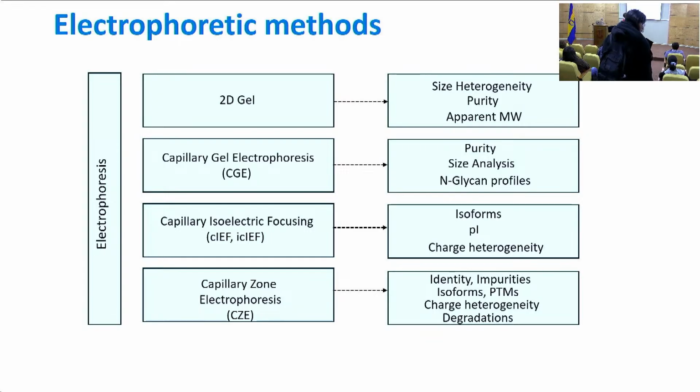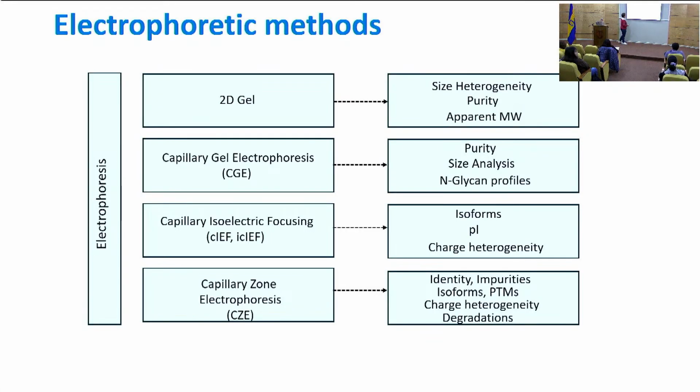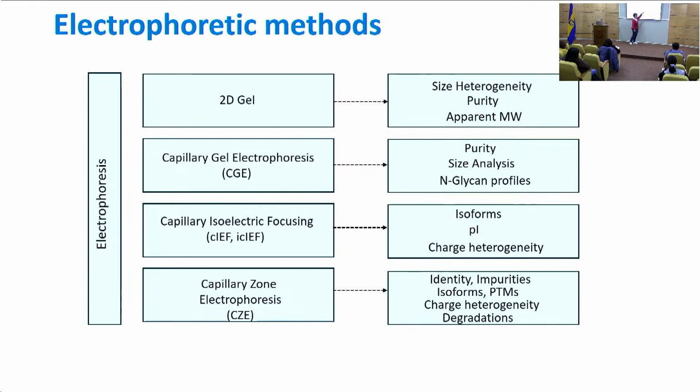You can use capillary gel electrophoresis, which allows the separation of the proteins regarding their size. Capillary isoelectric focusing analyzes the charge variants of the protein.